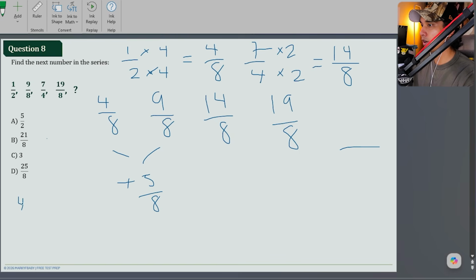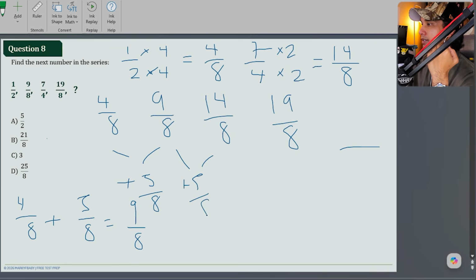Because 4/8 plus 5/8 equals 9/8, right? 4 plus 5 is 9. Then you just carry over the 8s, or don't do anything with the 8s. You just carry it over to the answer. All right? And it looks like, again, by 5/8. 9/8 plus 5/8 equals 14/8.